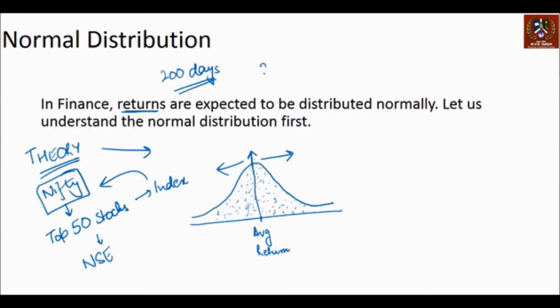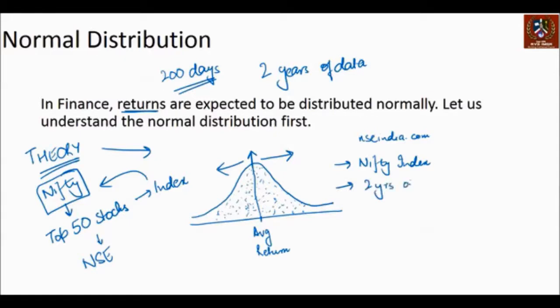For this, we're going to use 2 years of data, right? So we are looking at Nifty index values. Where do you find it? You can find it on the website of nseindia.com. You're looking at 2 years of data. You will find the returns, and we'll find out what is the average return and what is the standard deviation of those returns.